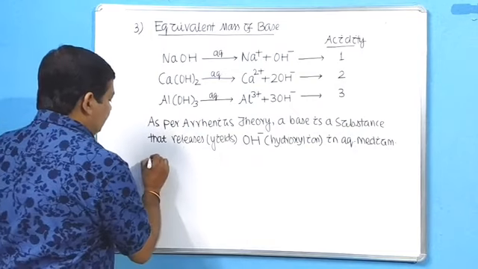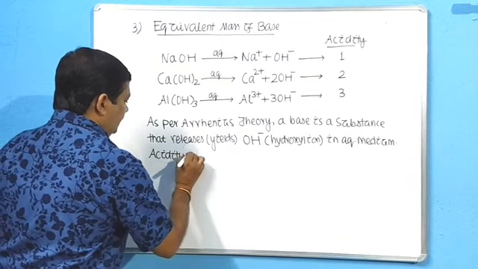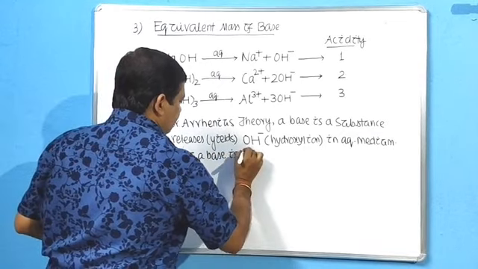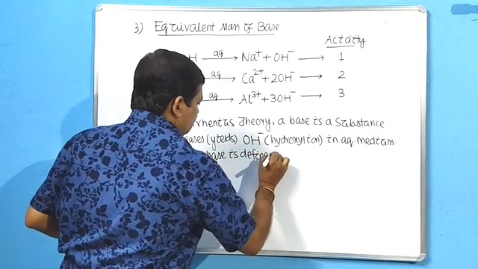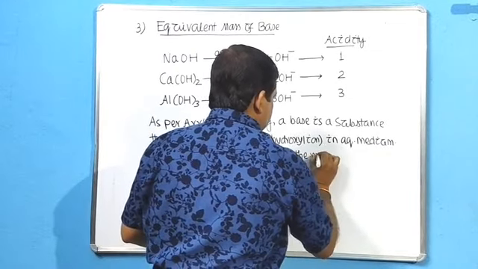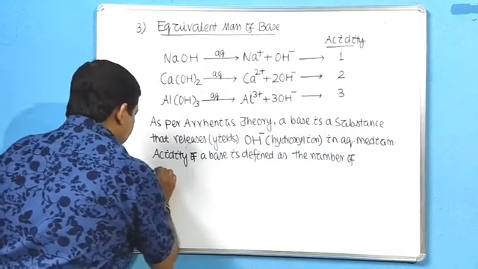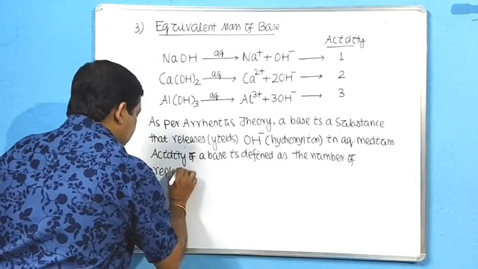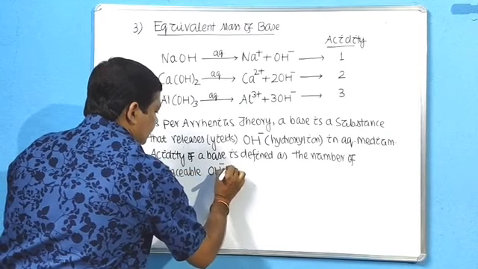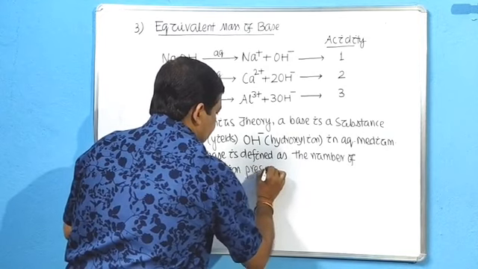So how to define acidity of a base? Look, acidity of a base is defined as the number of replaceable OH minus ions, that means hydroxyl ions, present in a base.